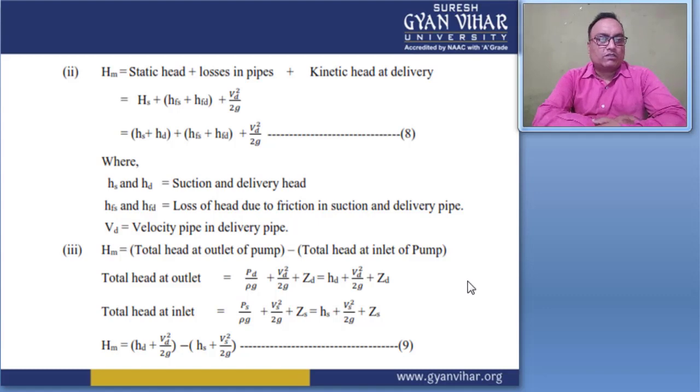So Hm is the difference, outlet minus inlet: Hd plus Vd square divided by 2g minus Hs plus Vs square divided by 2g, right?